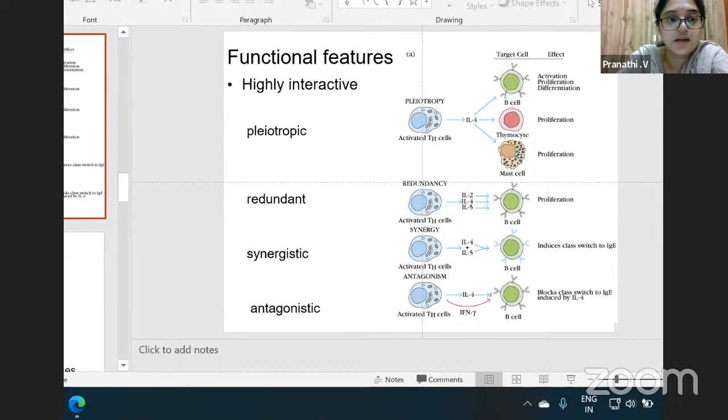In a cascade pathway, one cytokine, if it gets activated on a target cell, induces the cell to produce more than one other cytokine. This in turn produces other cytokines. So it is a cascade pathway.